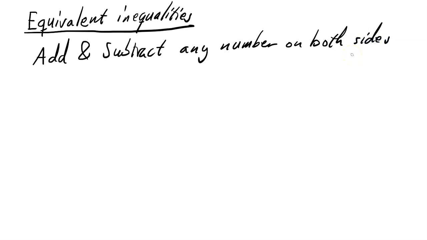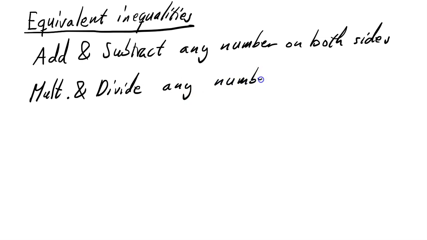So if you add or subtract any number on both sides, then we make an equivalent inequality. We can also multiply and divide any number on both sides.